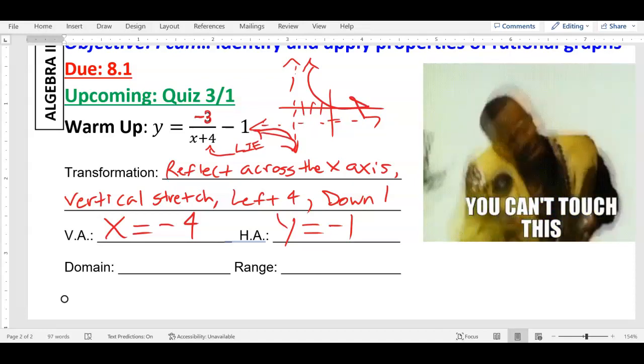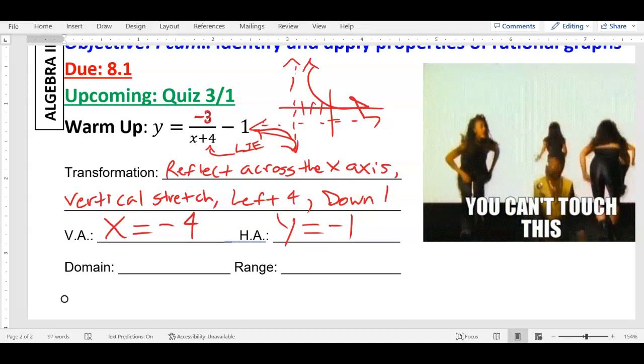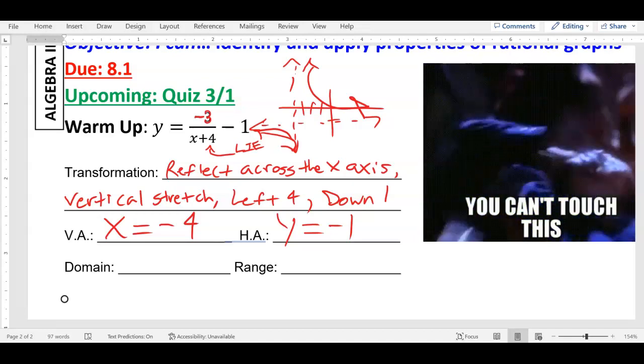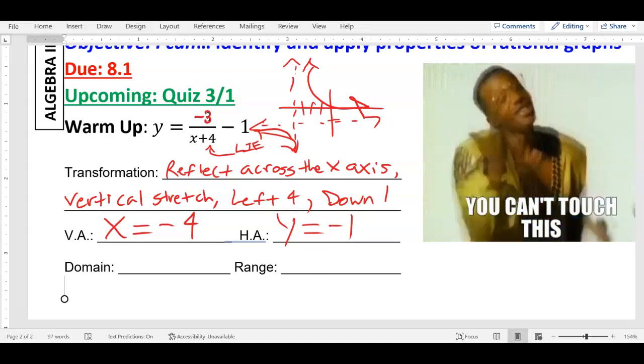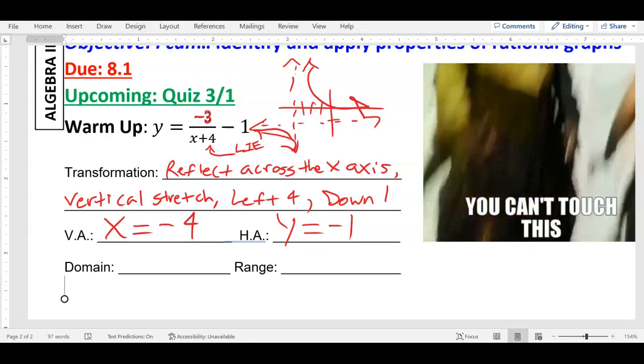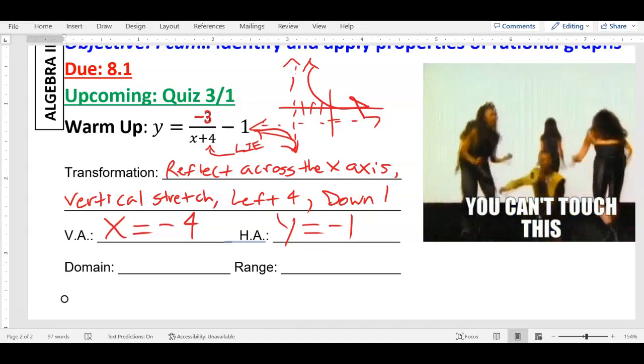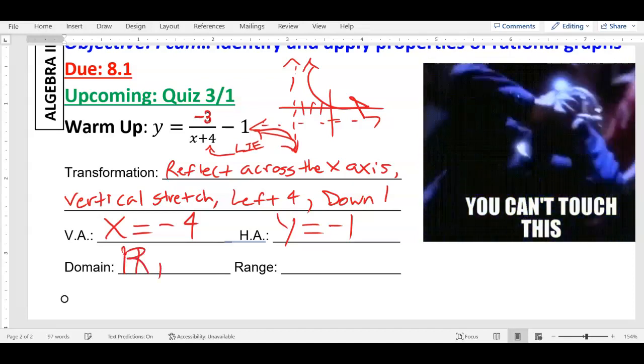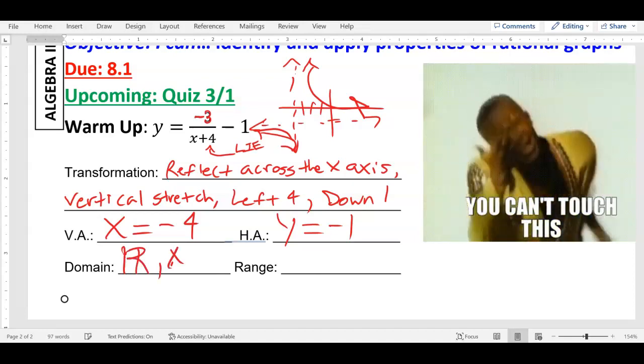But the domain, it goes forever to the left, it goes forever to the right. It just does not touch at the vertical asymptote. So it's all real numbers except for what? -4. So you're going to put all real numbers, comma, x is not equal to -4.